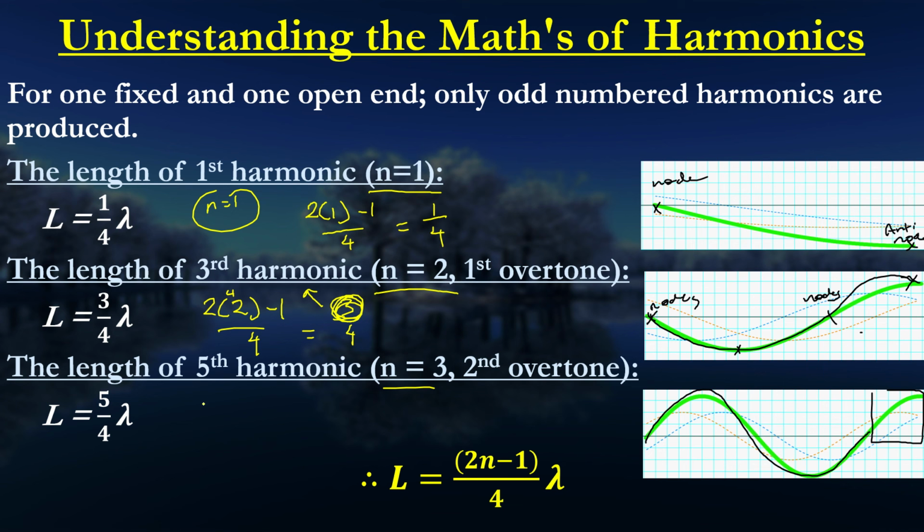5, again, same idea. Another way you can write this out is to just remember it goes up by the odd numbers if it's one fixed end only or one open end. So just remember, the first overtone is the third harmonic if we're dealing with one fixed end of the instrument.